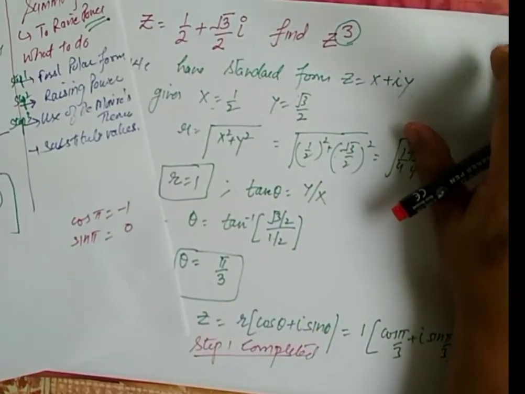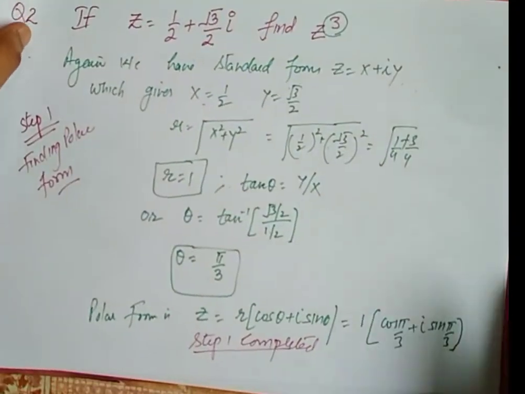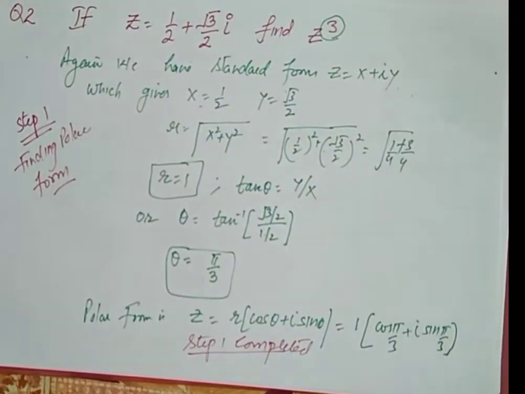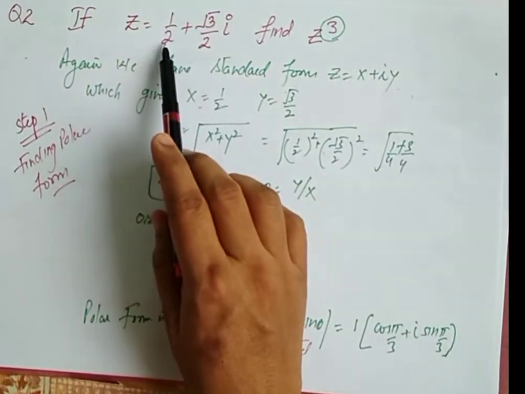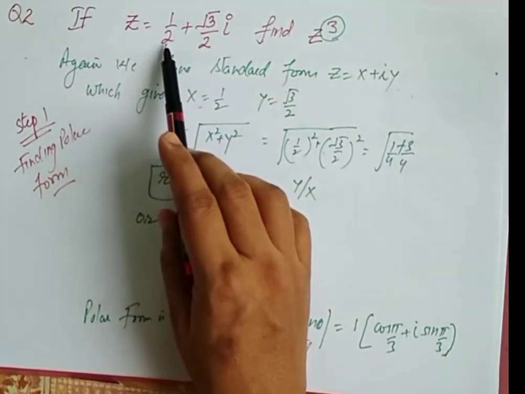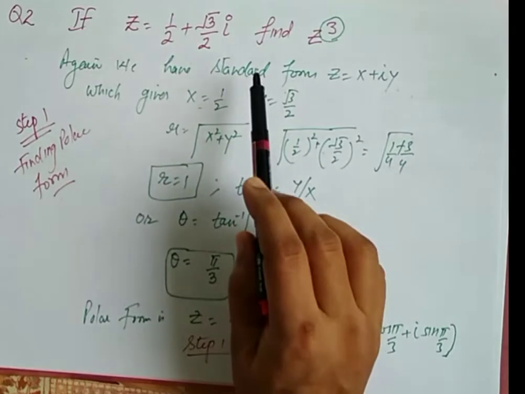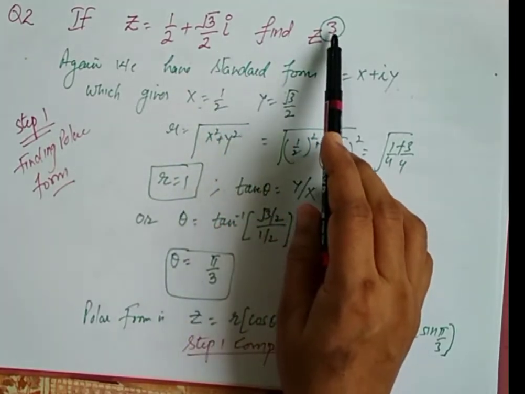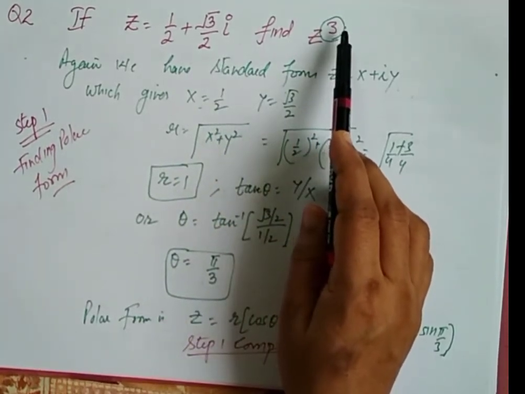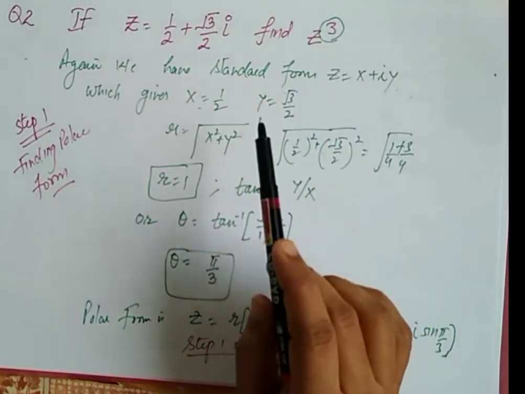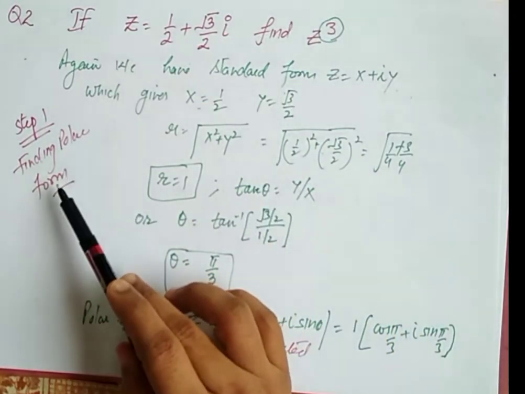Hope the question and the way to solve this is clear to you. Let us revise once again, then we'll go for another type. You are given a complex number, mostly in standard form, Cartesian coordinates, rectangular form, and you are asked to find z cube. You may be asked to find z30, z10, z100, any power it can be. So what you have to do? First you have to find the polar form.